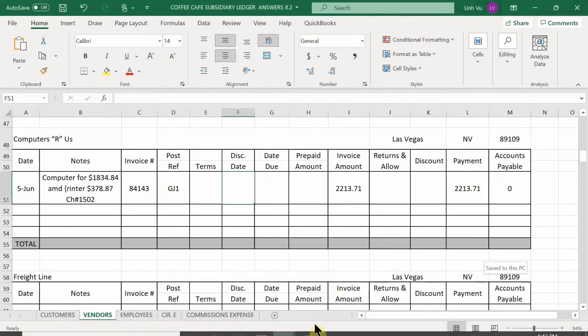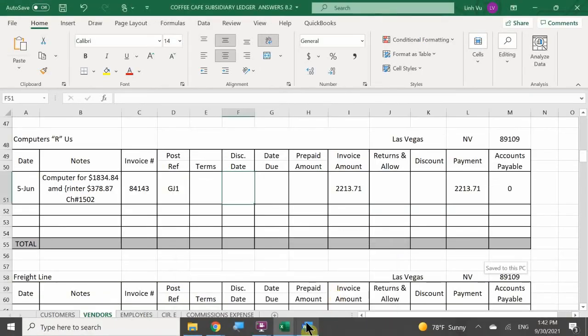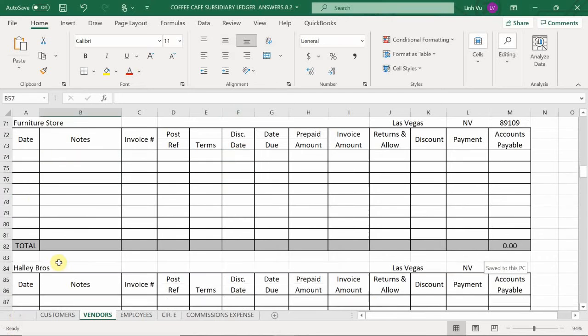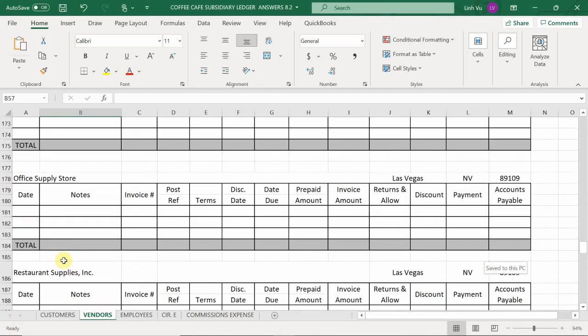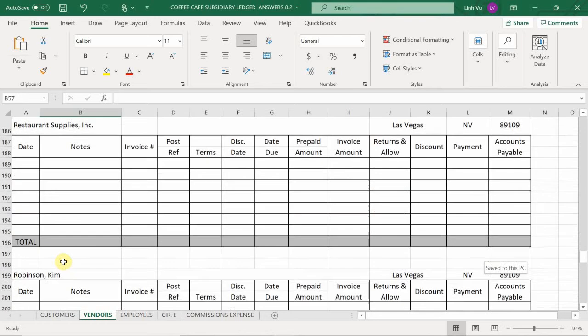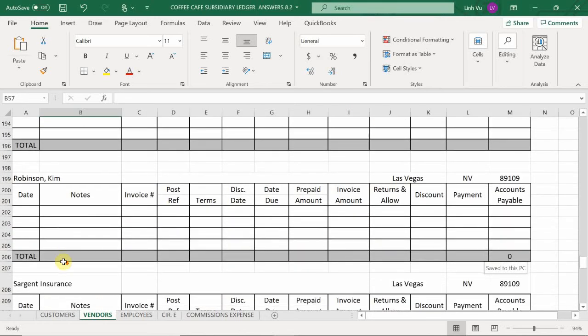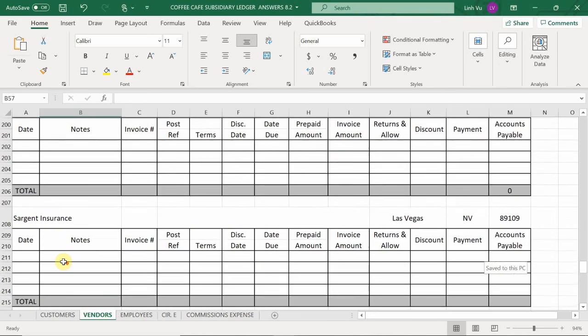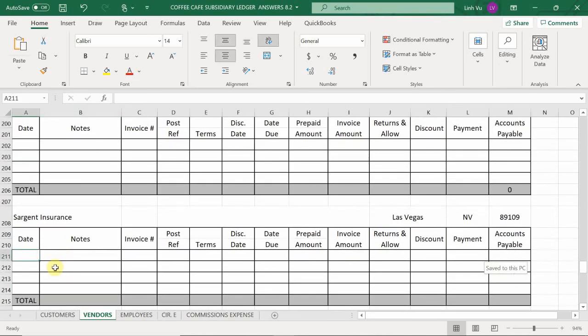And we're going to go to Sergeant Insurance. So S is going to be under vendors. We're going to go to S. Kim Robinson, Sergeant Insurance. Here we are. Okay, 6/5.